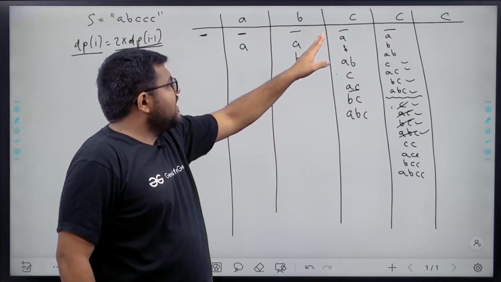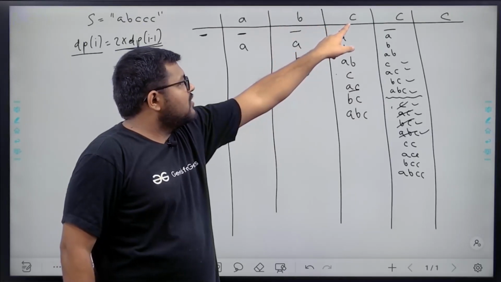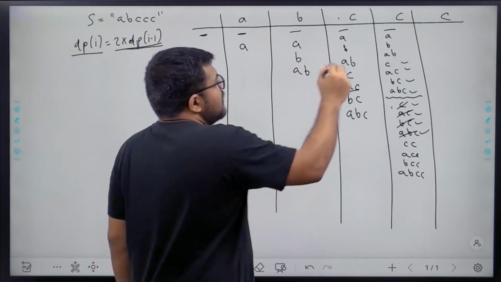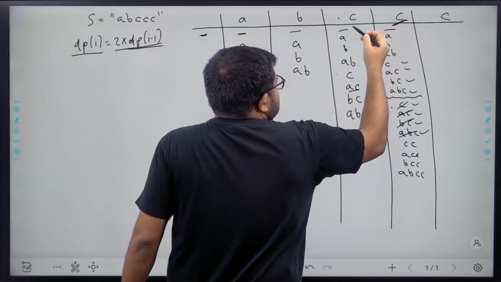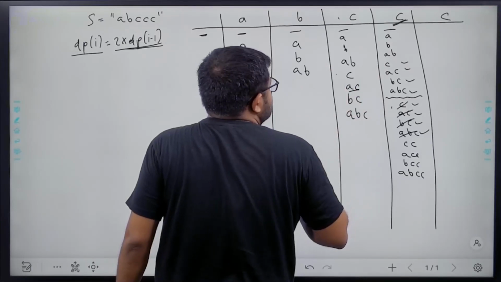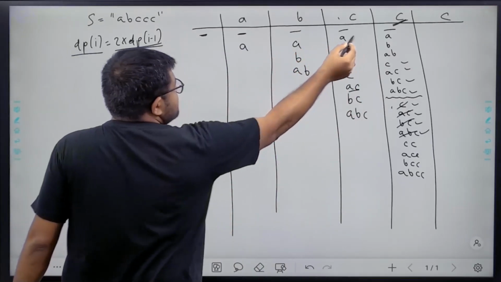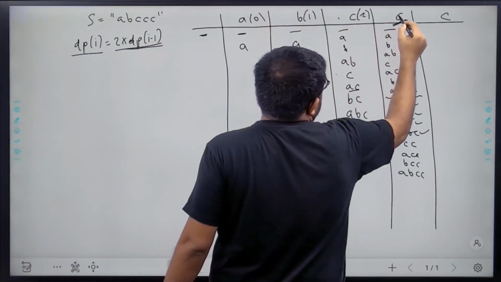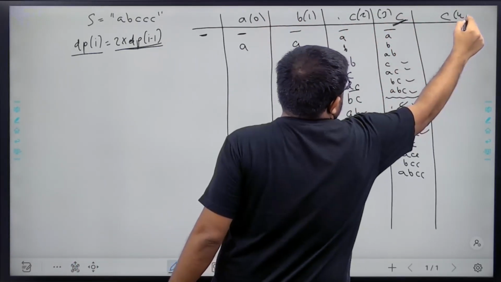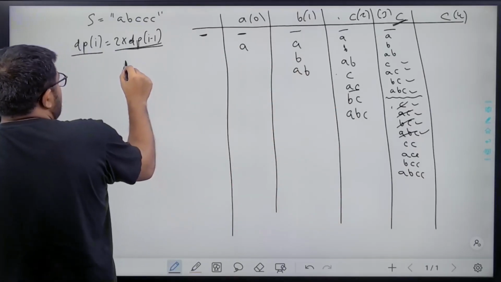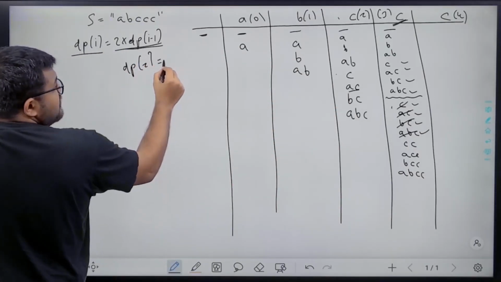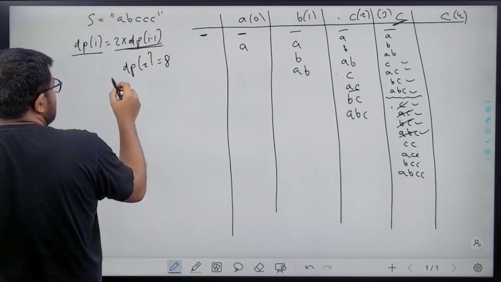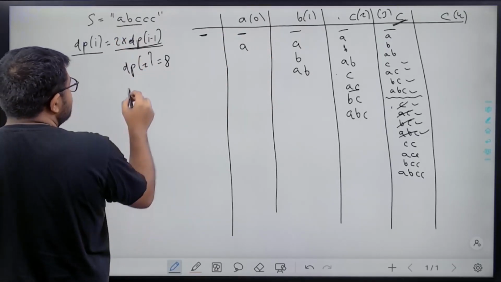Up till the index before, when that character came earlier. So when I attach this C, what is the number of different subsequences generated? Let's say this is index 0, this is 1, this is 2, this is 3 and this is 4. So dp of 2 is how much? 8. There are 8 distinct subsequences up till index 2 which I can generate if I consider the string up till index 2.